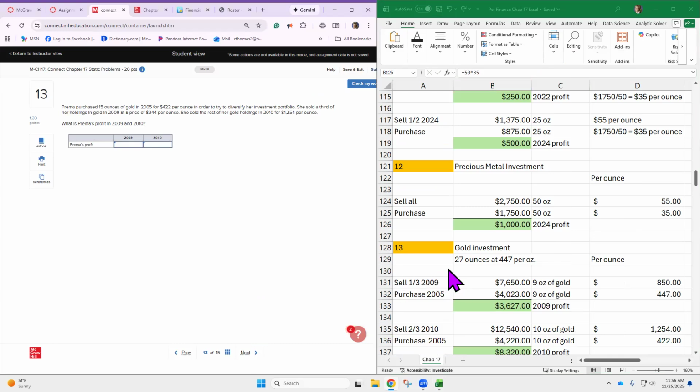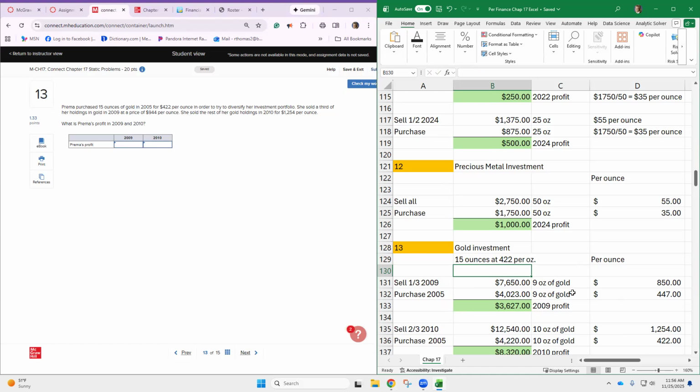Okay, Prima purchased 15 ounces of gold in 2005. Okay, so let me put 15 ounces here of gold at $4.22 an ounce. Okay, I'm putting it in just exactly what it is. So we purchased 15.